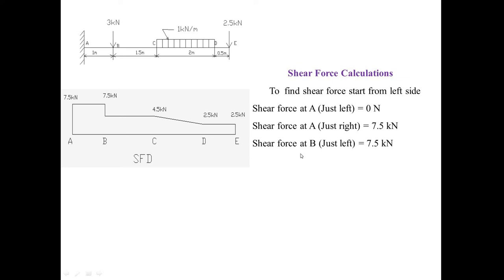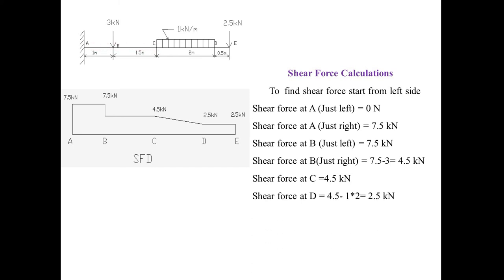Then at B, just left, there will be only the reaction at A, so 7.5. Just right of B, 7.5 minus 3, which is equal to 4.5 kN. Next is the shear force at point C. Again the same, 7.5 minus 3 equals 4.5, because there is no force prior to this.